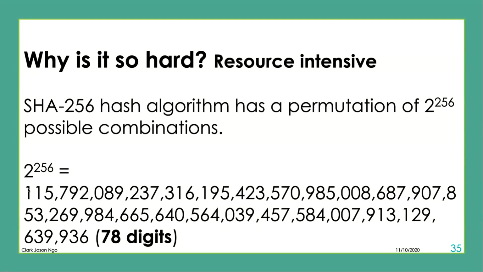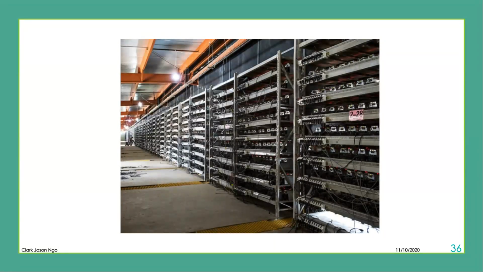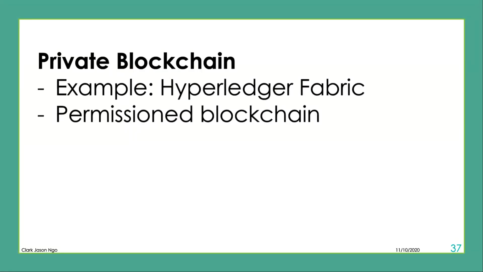It is basically a number with about 78 digits, of permutations or possible combinations, to solve it. And a lot of miners have data centers to grab Bitcoin.